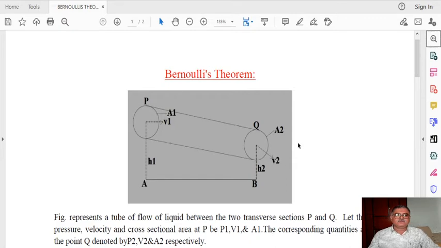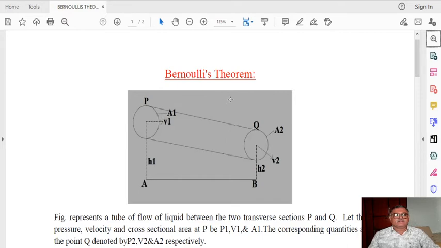See, you are able to see this diagram. This figure represents a tube, in which a liquid flows between two transverse sections. This transverse section is P and this transverse section is Q.